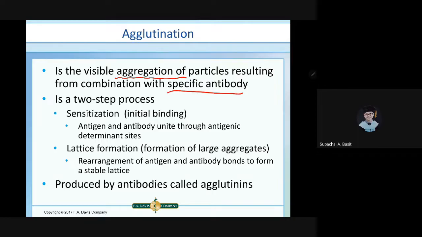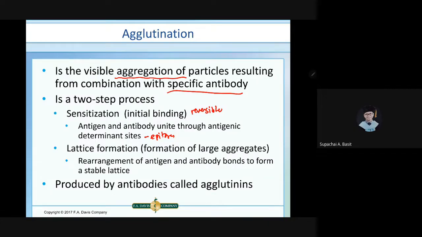The first involves sensitization, or the initial binding. Here, like what I've told you, antigen and antibody unite for the first time through antigenic determinant sites, or what you call epitope. Sensitization is still reversible.